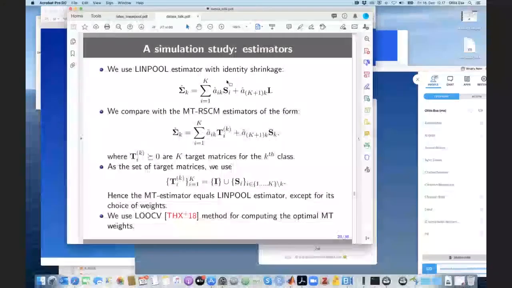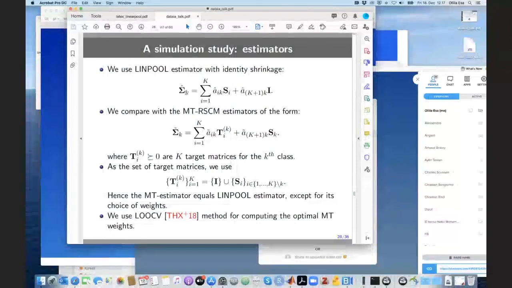So we use this LINPOOL estimator, we compute our weights, and then we compare our estimator to a multi-target regularized sample covariance matrix estimator, where the target matrices are the sample covariance matrices from other classes and the identity matrix. So this sigma tilde k will be equal to this LINPOOL estimator.